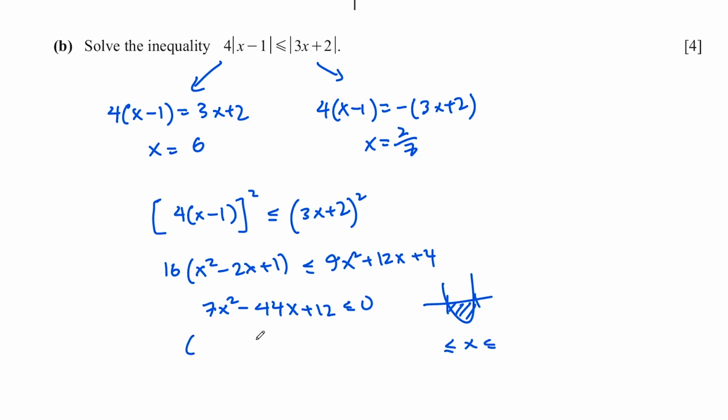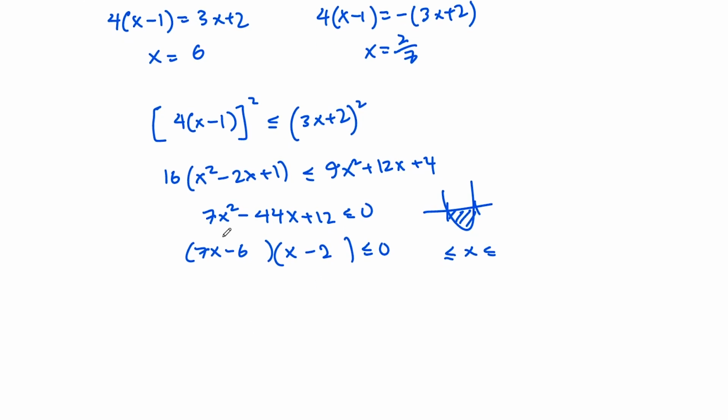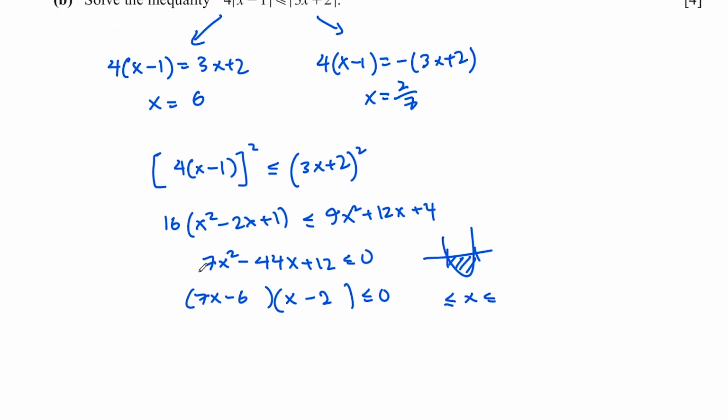So we can try to factor this to find the critical values first. I think we are able to factor, right? So here will be -6, here will be a -2 lah. No, no, the other way around. Okay.